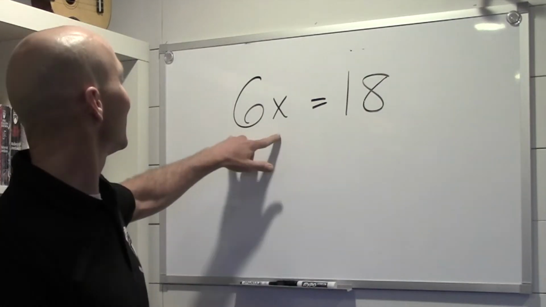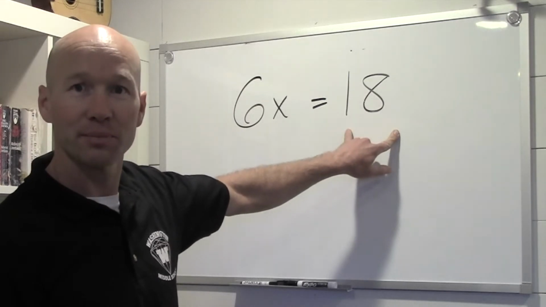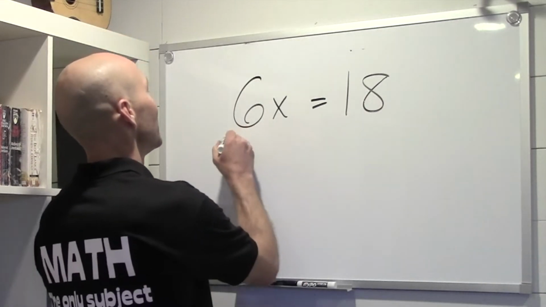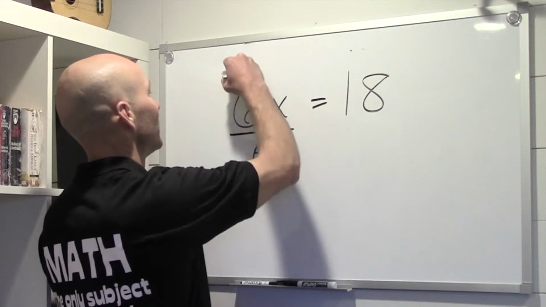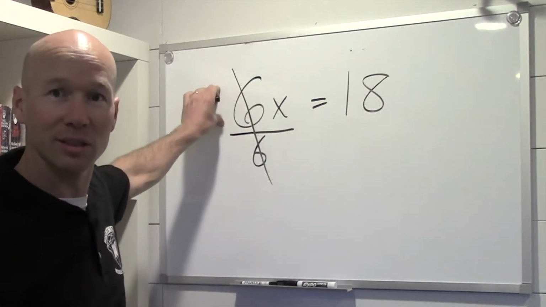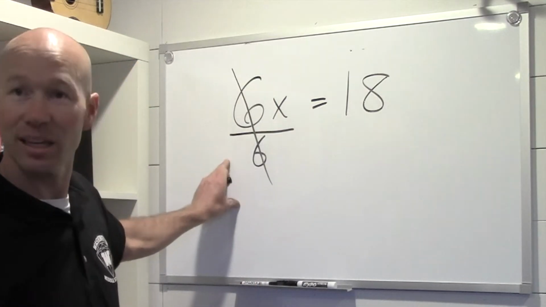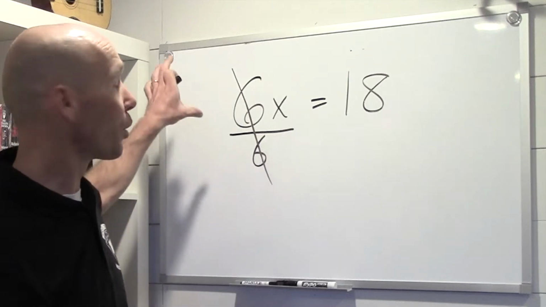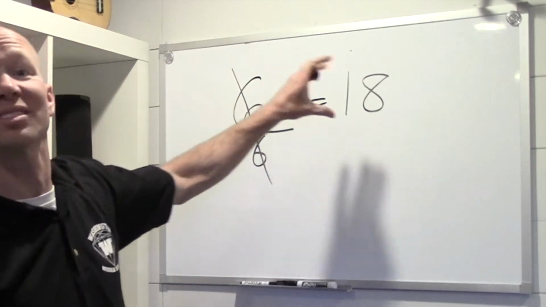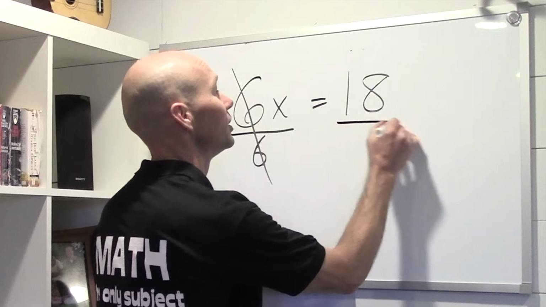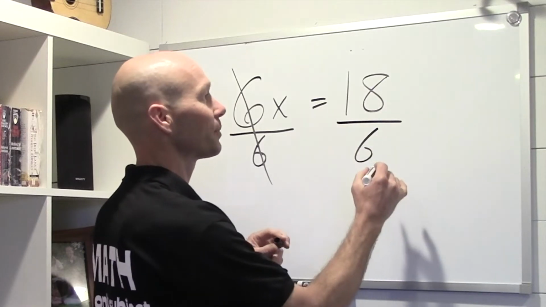And we can see that is true. All we have to do is say 6x equals 18. Well, 6x divided by 6: the multiple of 6 and the divisor of 6 cancel each other out. Whatever I do to the left side of the equation, I have to do the same thing to the right side of the equation. I'm going to divide 18 by 6.